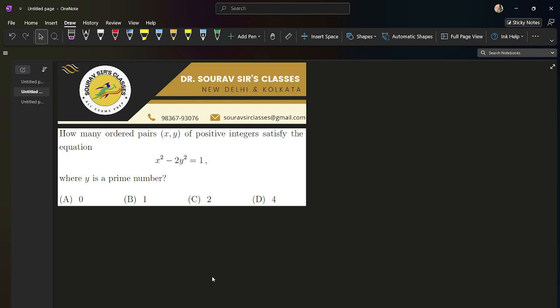So we need to determine the number of ordered pairs x, y of positive integers that satisfy the equation x square minus 2y square equals 1, where y is a prime number.